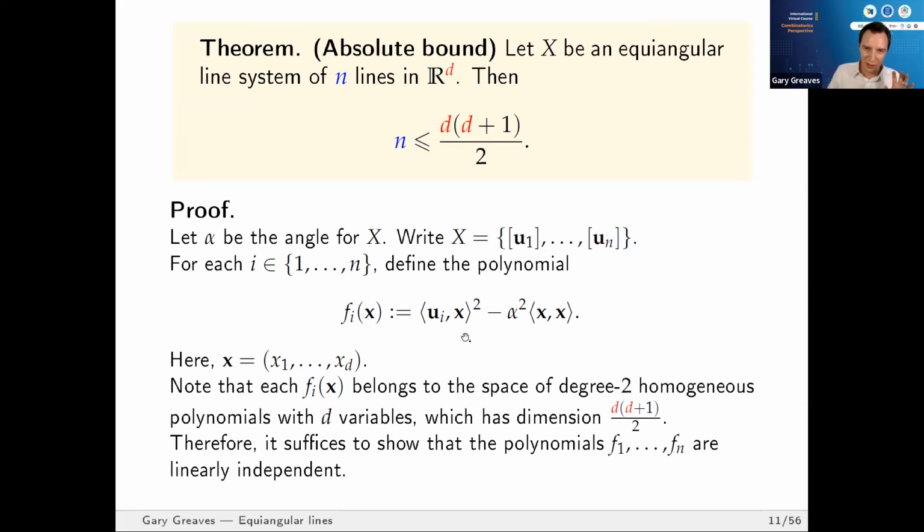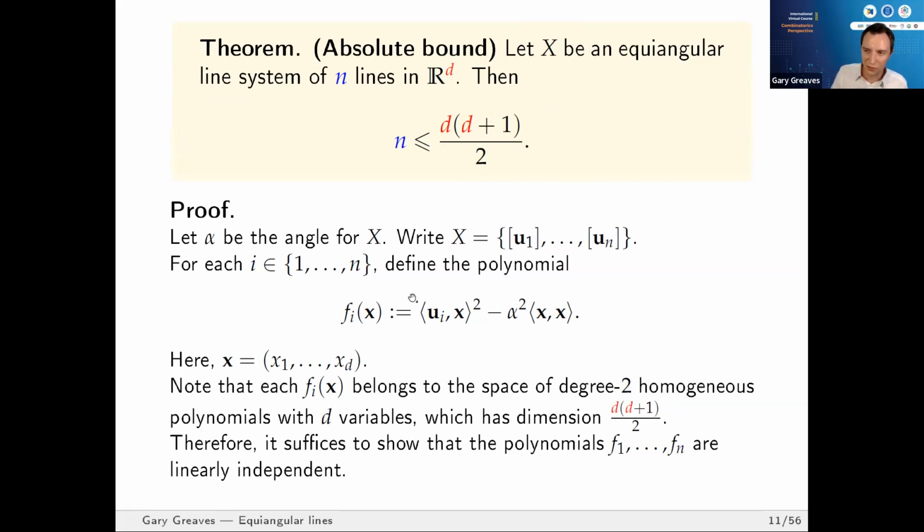So instead of these polynomials, you can map them to vectors, and they live in a particular vector space that has dimension d times d plus 1 over 2. And this is the upper bound that we're after. So the polynomials live in this vector space of dimension d times d plus 1 over 2.